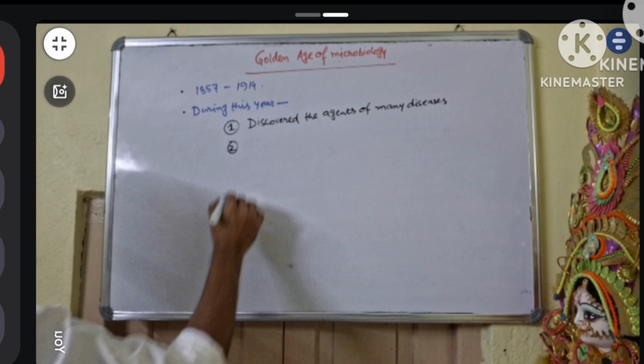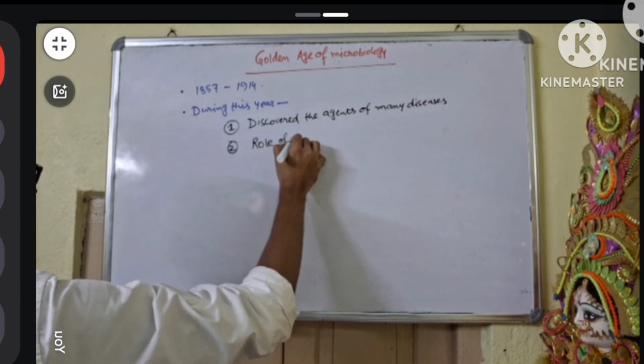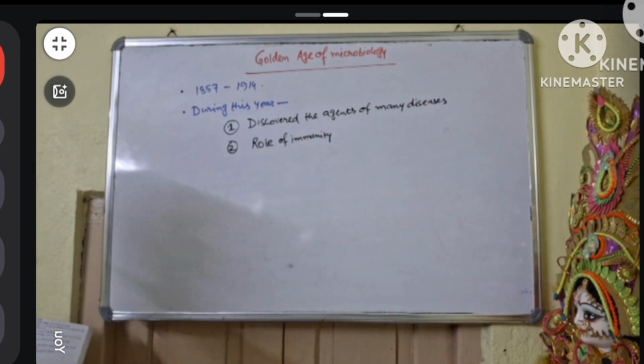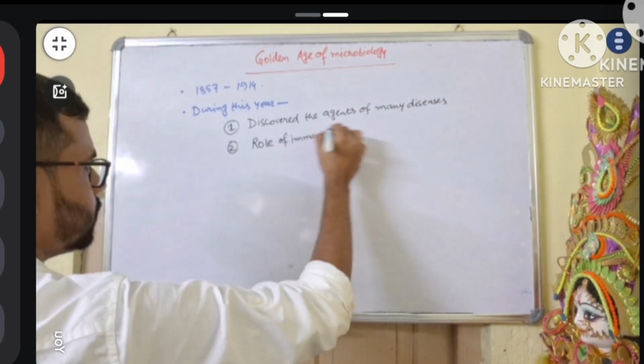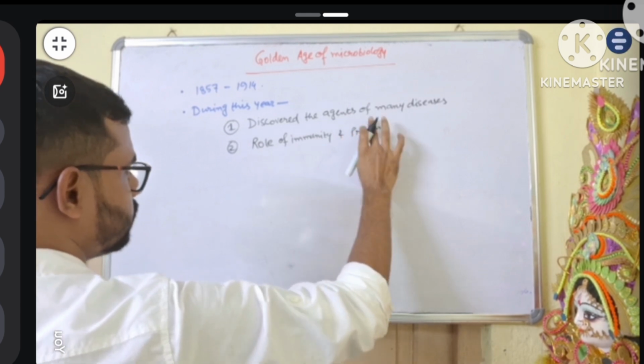Scientists also discovered the role of immunity in our body, the role of immunity in preventing disease causing organisms.